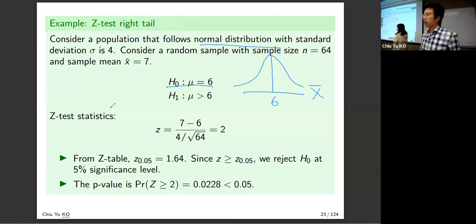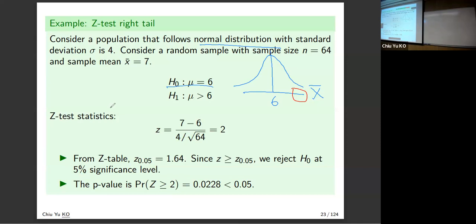We have to decide, based on our sample result, whether we favor mu equal to 6 or mu bigger than 6. If it is big enough from 6, we would prefer H1. If it's close to 6 or even below 6, we would say H null, H0.